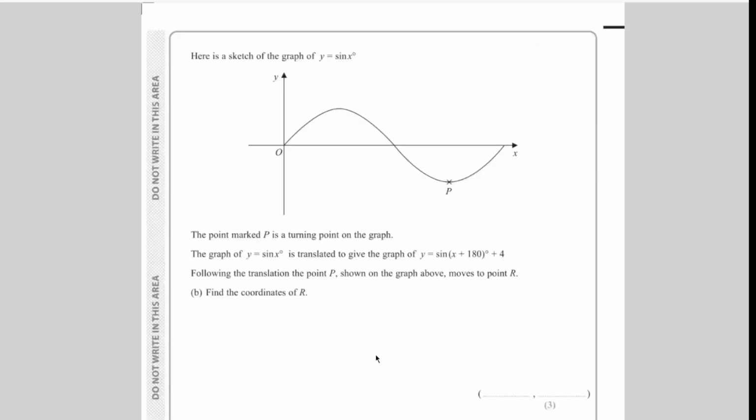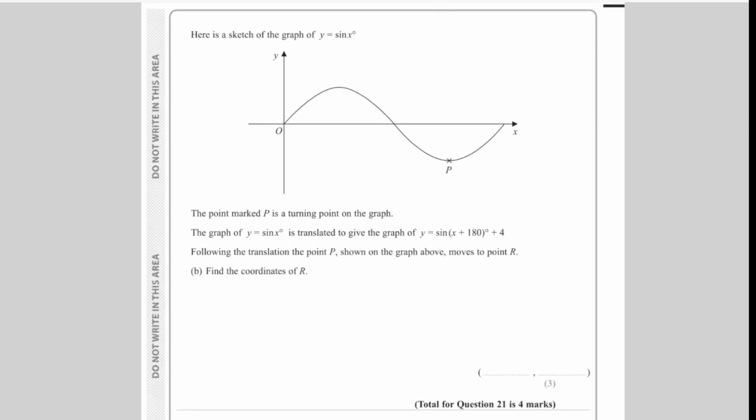Part B says that here is a sketch of y equals sine x. Now our original curve is y equals sine x. This is the original curve. The point marked P is a turning point on the graph.